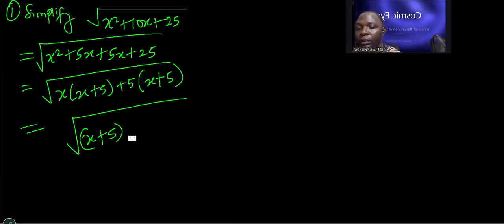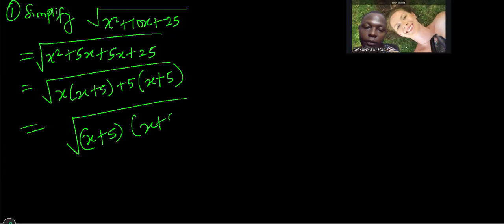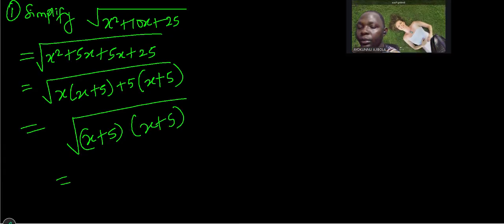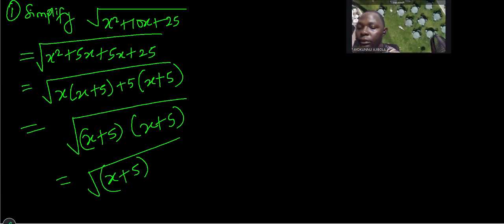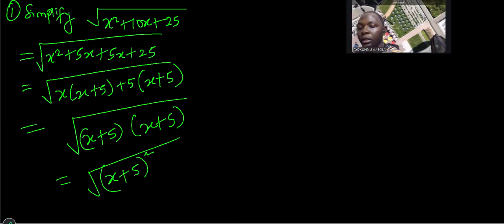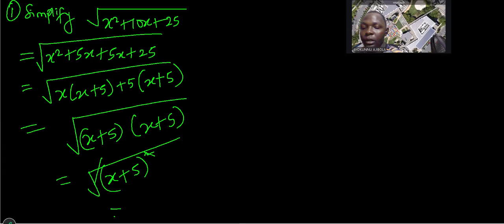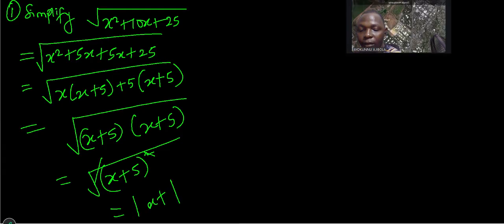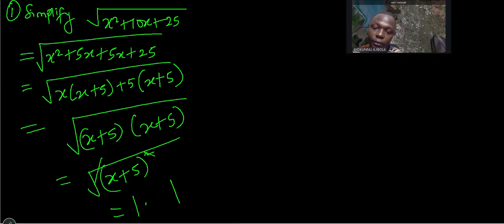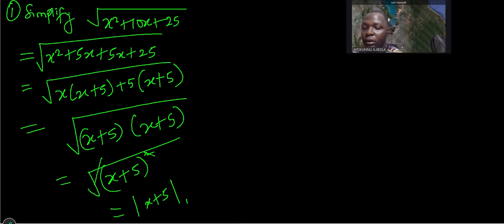So this could be the square root of x plus 5 all squared. And if we get this, we get the absolute value of x plus 5. That's the answer.